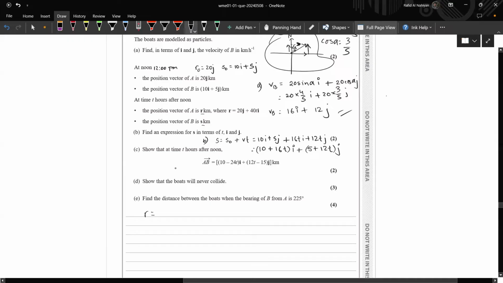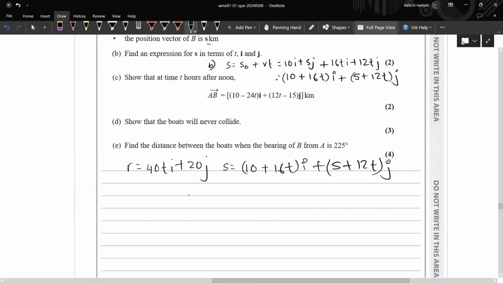So R is 20j plus 40ti. All right, and S is, I just found this out, 10 plus... Okay, let me actually rewrite this with the i term first, because it's quite confusing. 40ti plus 20j, and S being (10 plus 16t)i plus (5 plus 12t)j.